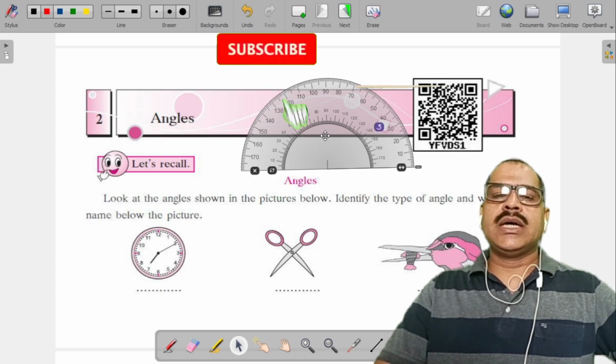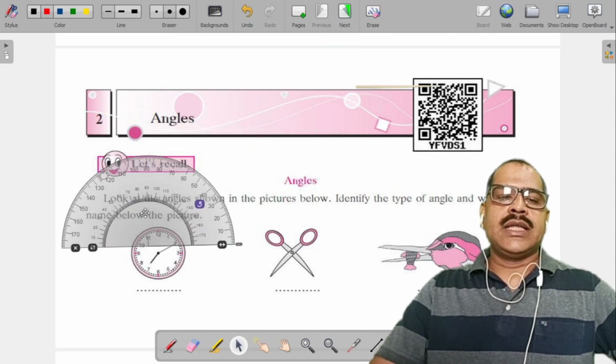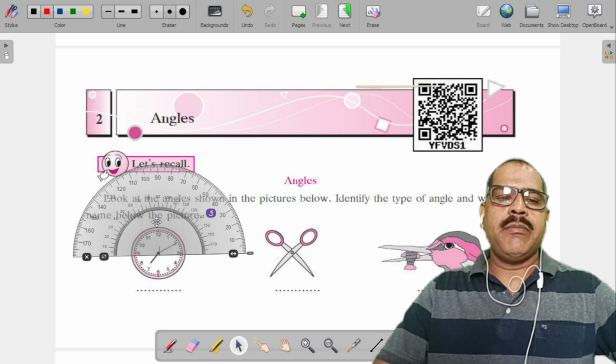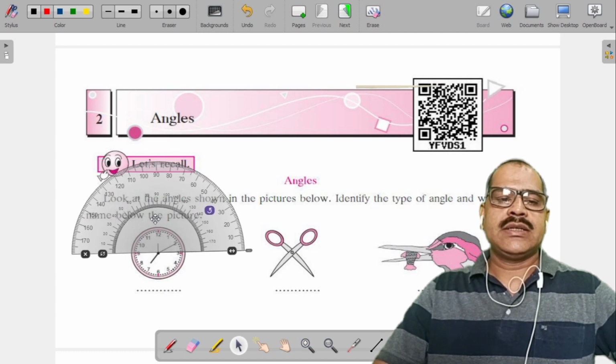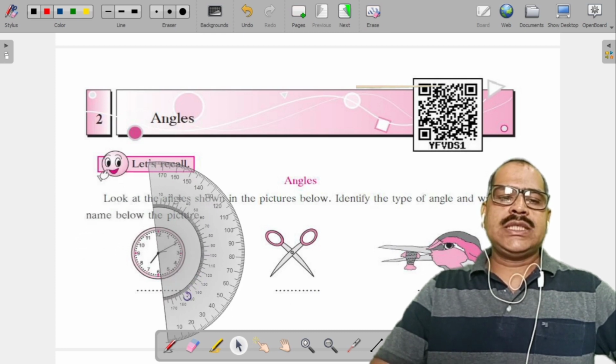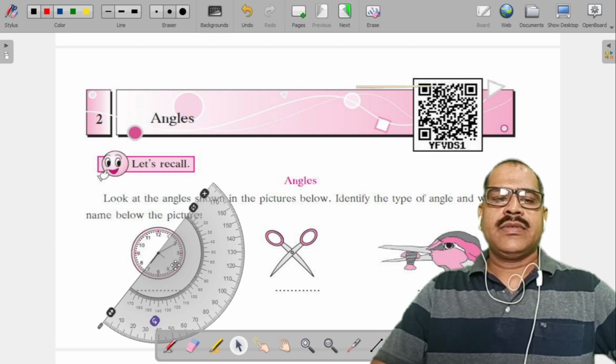So how to measure? Keep the protractor in such a way that the reference point and the vertex of the angle match with each other in this way. And I rotate the protractor in such a way that one side of the angle overlaps with the reference line in this way.